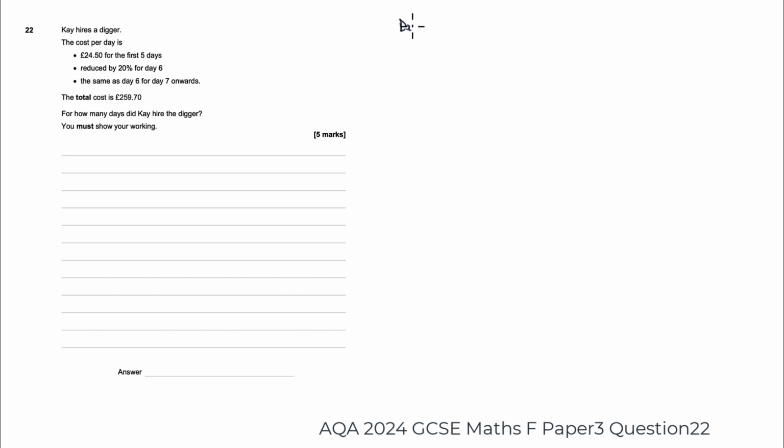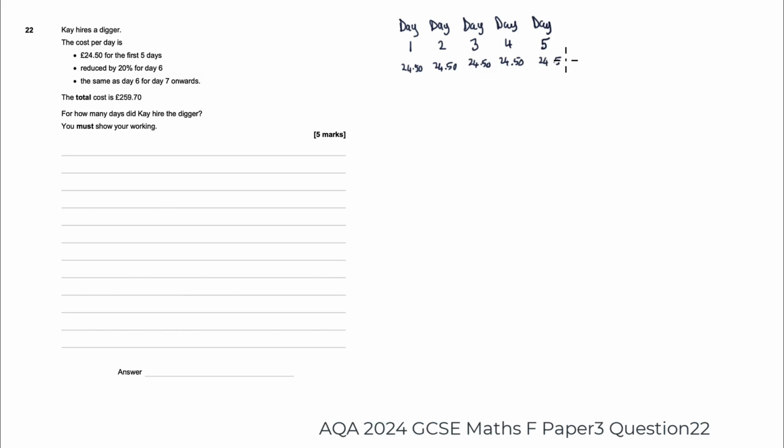Now, it'll be worth drawing these days out in a wee list, because then we'll be able to think more clearly about what's going on. So here's the first 5 days. And the cost is very straightforward there. It's £24.50 each day. So there's £24.50 for each of these 5 days.